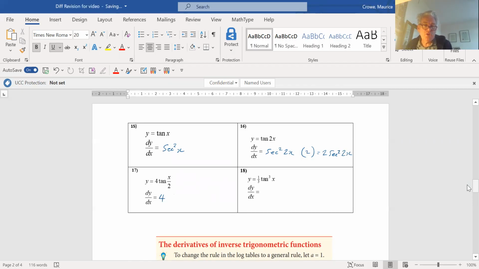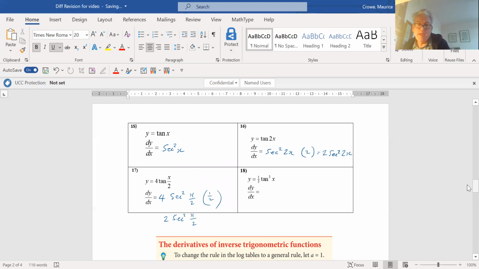The tan of x over 2 goes to sec squared x over 2 multiplied by, what's the derivative of this one? It's a half, okay? So the half then and the 4 will give you 2, got outside the line here, 2 sec squared x over 2. 2 sec squared x over 2.